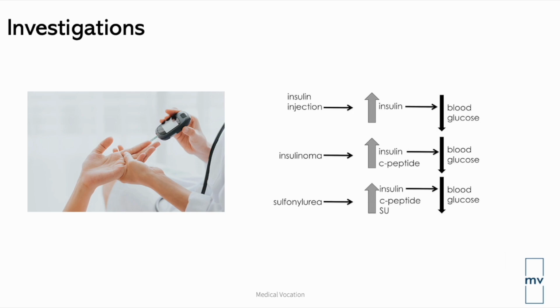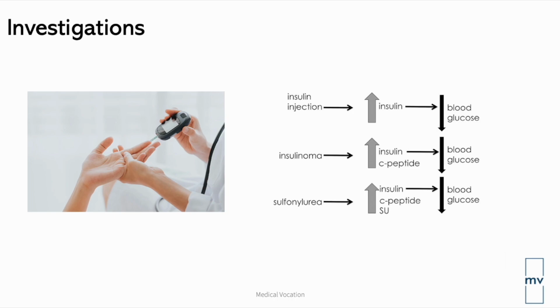And just as an aside, just out of interest, there are some investigations that can be done when the cause of hypoglycemia is thought to be perhaps a little bit more sinister, or if you think that something more unusual is going on. You can also test the patient's blood insulin level and their C-peptide level.